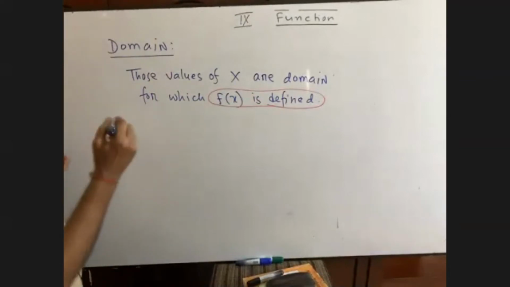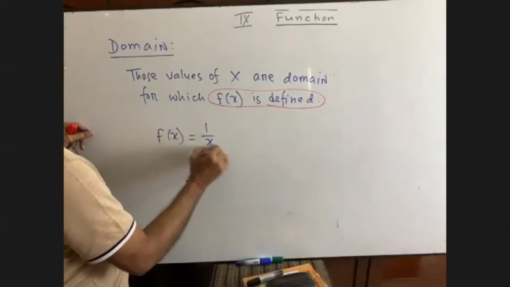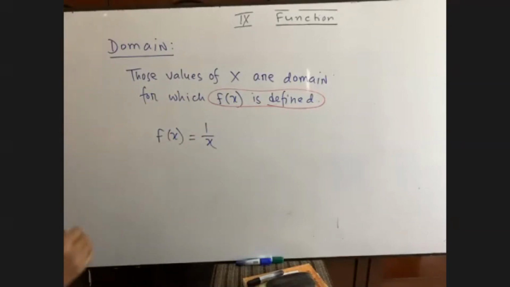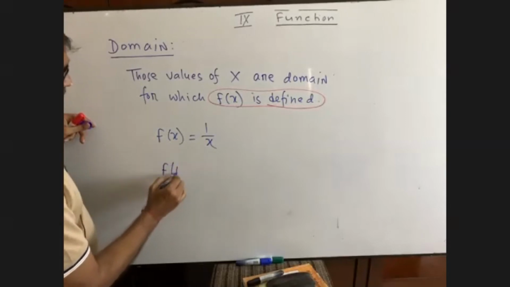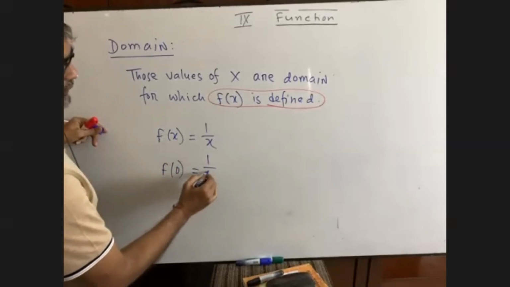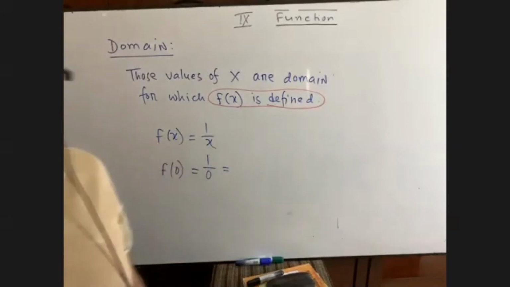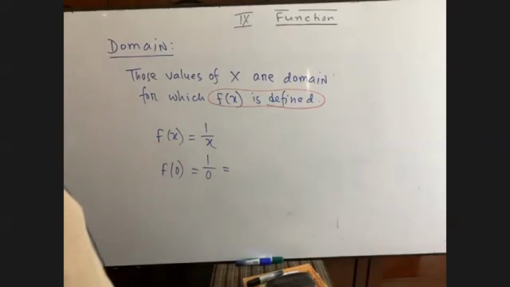Suppose f(x) equals 1 by x. What is the domain of the function? If I let f(0) equal what? 1 by 0 equals? 0, sir. Are you sure? Whenever it is 0, sir, it will be 0. Okay, you calculate. Take out your calculator.